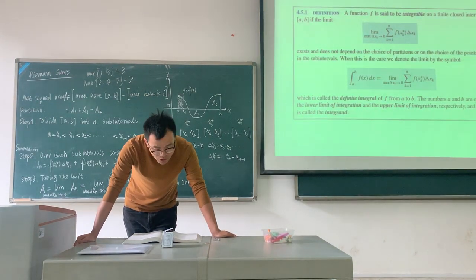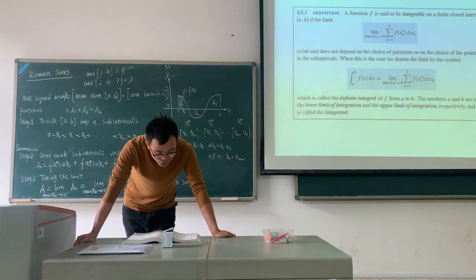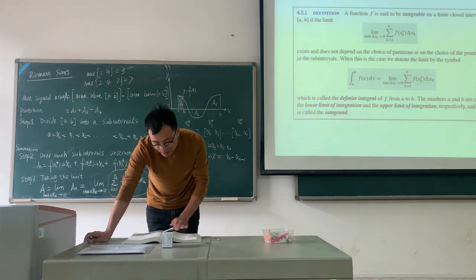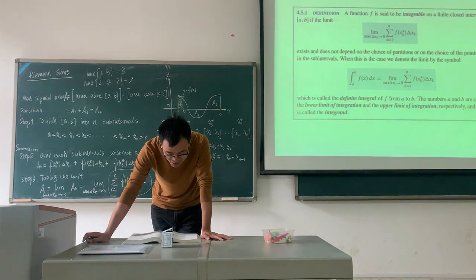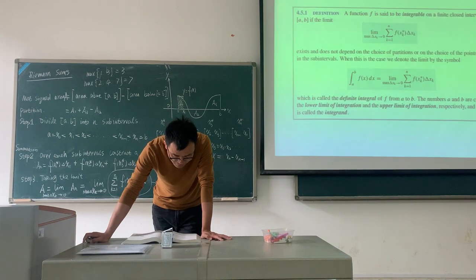Definition: a function f is said to be integrable on a finite closed interval [a, b] if the limit as the maximum Δxk approaches 0 of the sum of f(xk*) times Δxk, k running from 1 to n, exists.